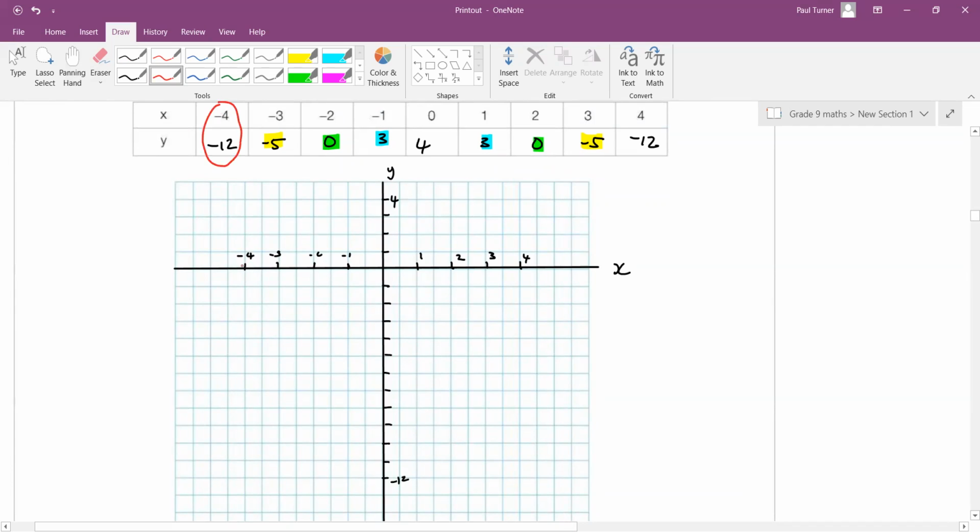You go across minus 4, minus 12 here, minus 3, minus 5, minus 2, 0 there, minus 1, 3, 0, 4, and then that will be symmetrical on the other side. So 1, 3, 2, 0, 3 minus 5 there, and 4 minus 12, which is that one there.